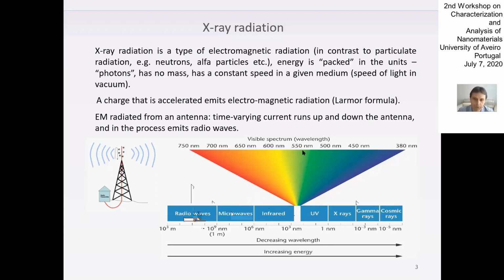For the visible spectrum, it's also wavelengths; the range is presented on the slide. And for gamma and X-ray, we can use wavelengths in angstroms, say for conventional X-rays in the lab, or energy in electron volts, kilo electron volts.